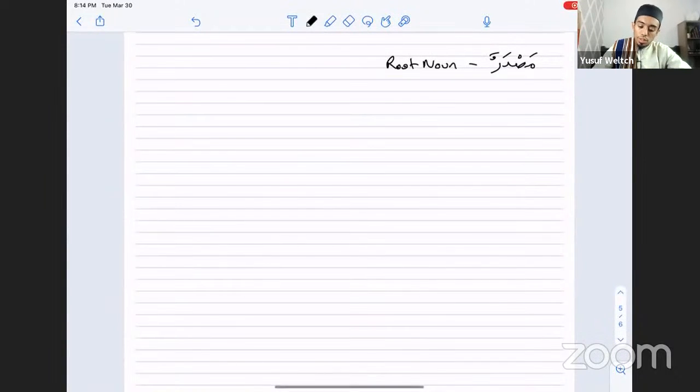Okay. I believe in English they have another name for this: the infinitive, I think it's called. Right, so it's a noun, but it contains the root letters of your verb, which carry their own specific meaning.